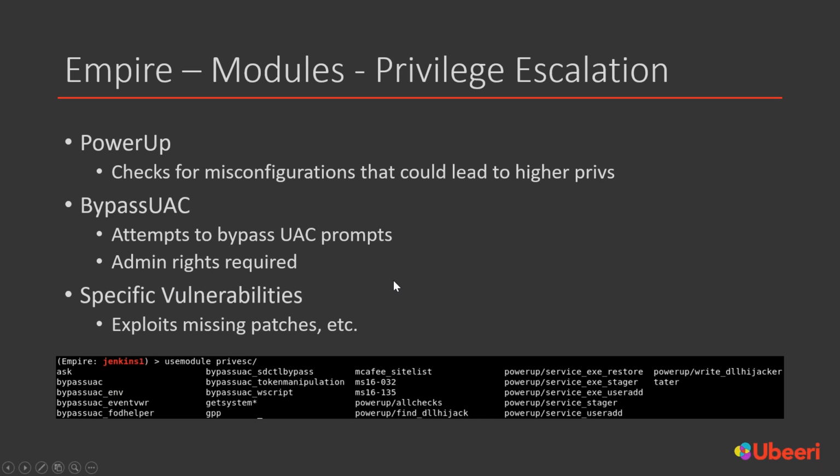And then you can also try to exploit specific vulnerabilities. So if there's a missing Windows patch on the system that there's an exploit for, Empire might have that, and you could potentially run that to get an agent with admin creds.